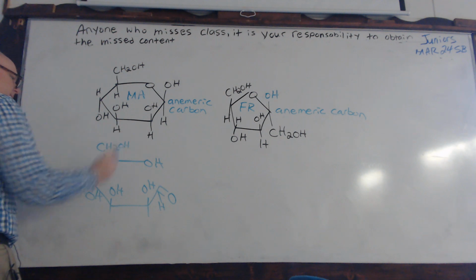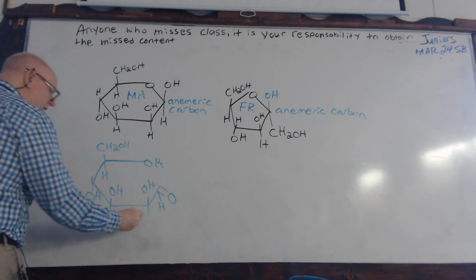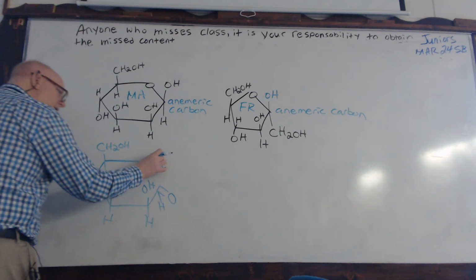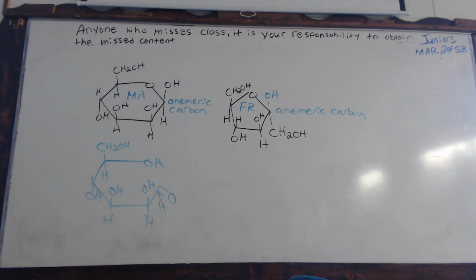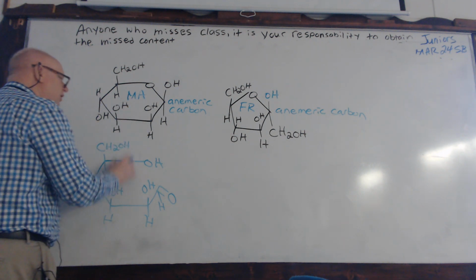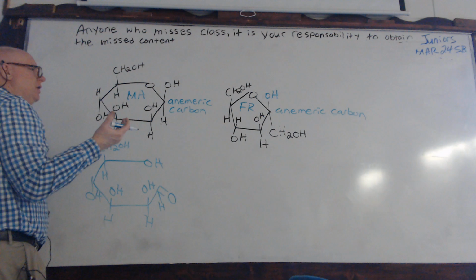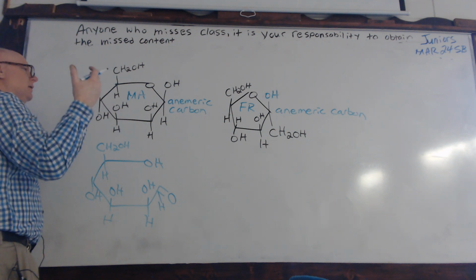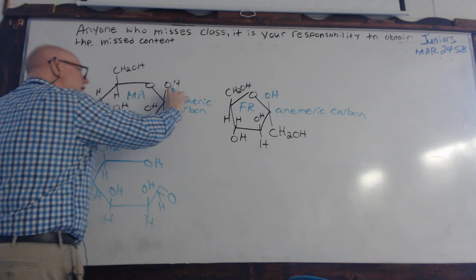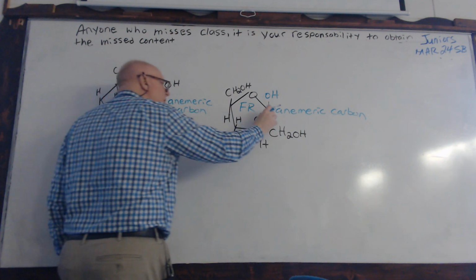Old news here. And then what's that called when this goes down here and breaks that double bond? Do we remember? Yeah, that's reduction. So therefore, we call these reducing sugars, which would be correct, okay? But it's where reduction can take place at that anomeric carbon.